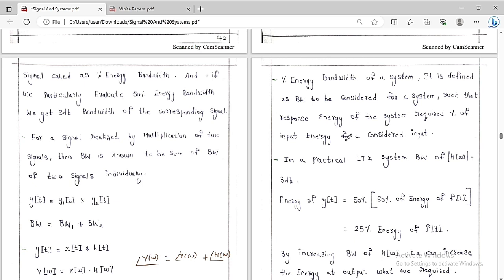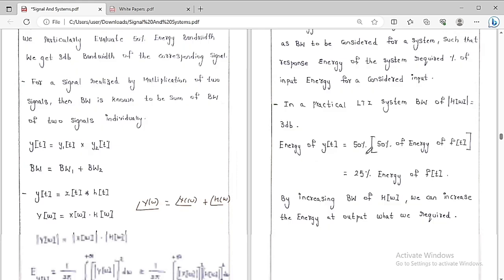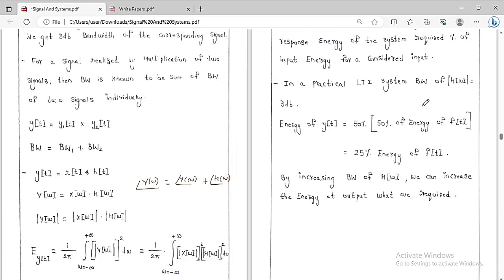So let me give you some idea. In a practical LTI system, the bandwidth is the 3 dB point of mod of H of omega. I already told you, for any practical LTI system, we are going to find the bandwidth. What is the meaning of bandwidth of the system?